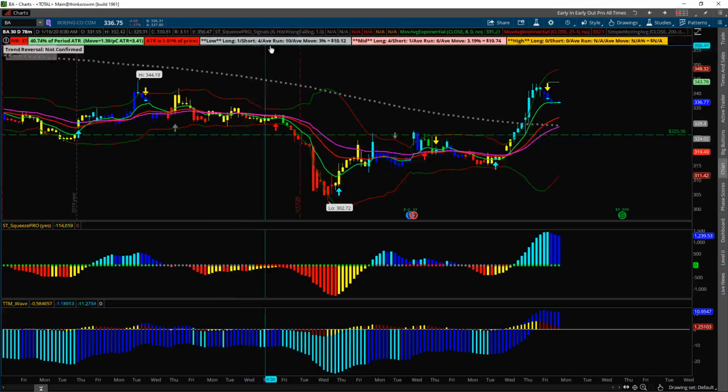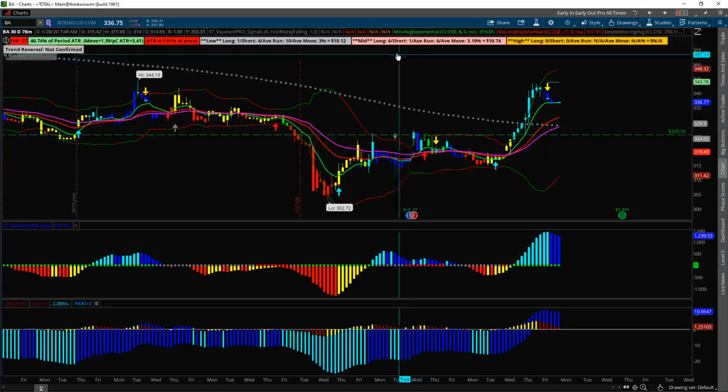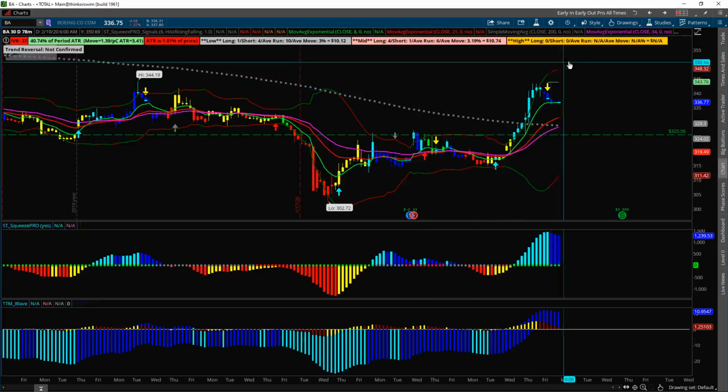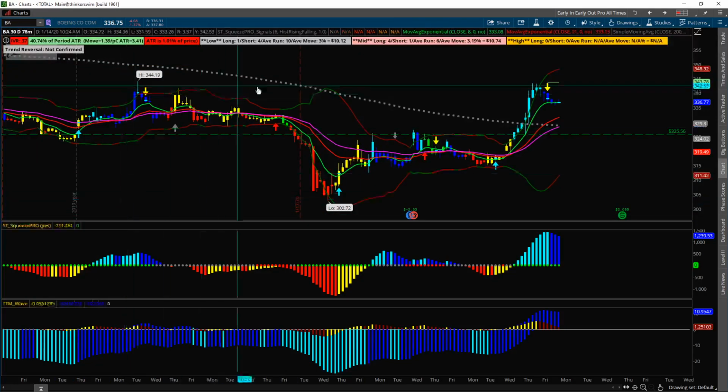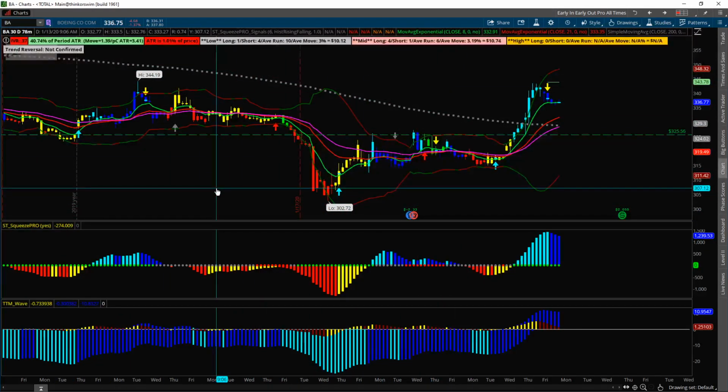So you can see here the low squeezes typically, in Boeing on the 78-minute chart, it's fired short more than it's fired long. It's ran about 10 bars at an average of $10. So you can kind of look at that here. The medium squeeze, this one's fired long 4 times and short once, and ran about 6 bars for $10. So it gives me just a quick overview on the time frame that I'm on. If it's in a squeeze, what I can look to expect out of that.